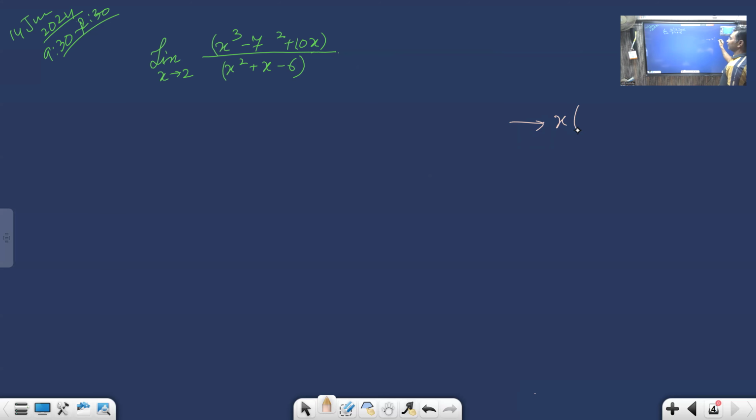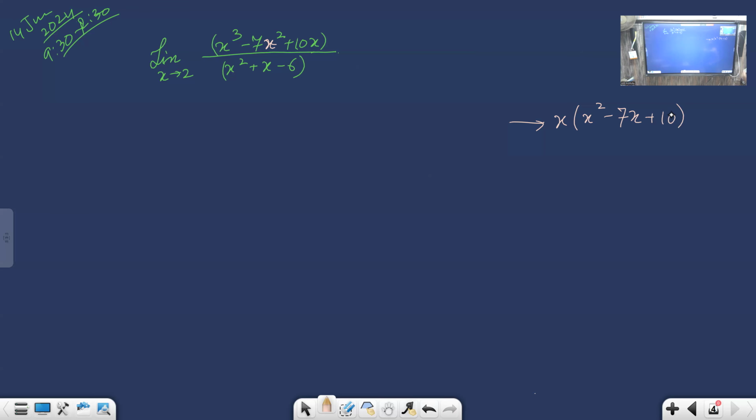From the numerator, if I take x common, I will get x square minus 7x plus 10.